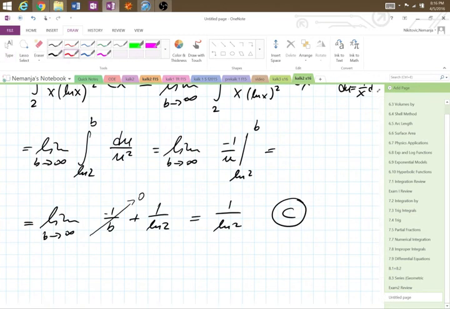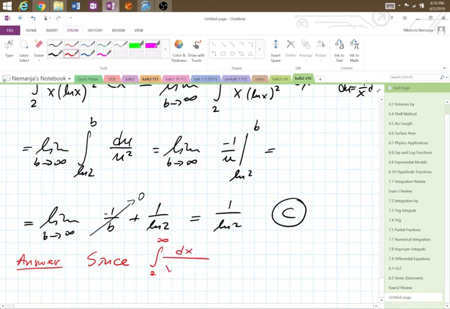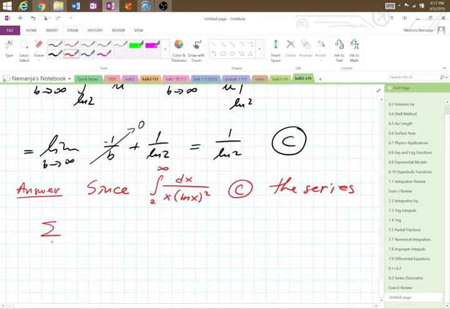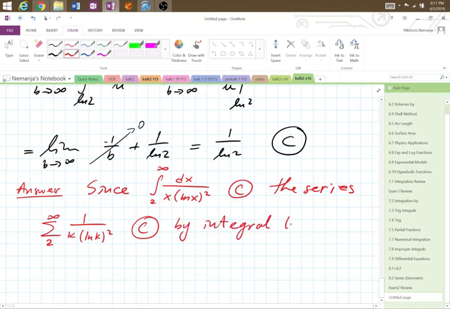And then you write your answer. Since the integral from 2 to infinity of dx over x times ln x squared converges, the series summation from 2 to infinity of 1 over k ln k, everything squared, converges by the integral test.